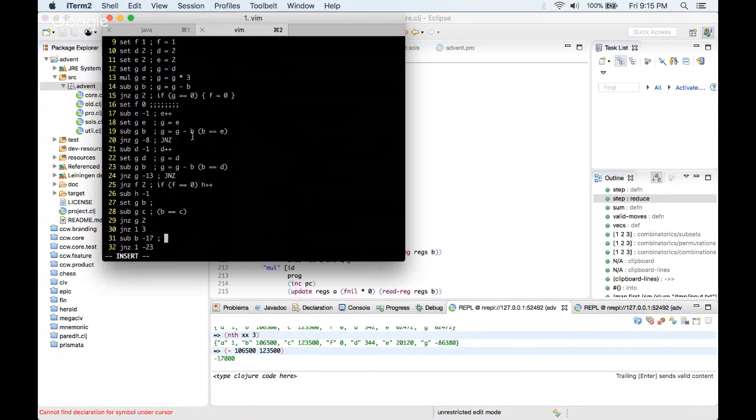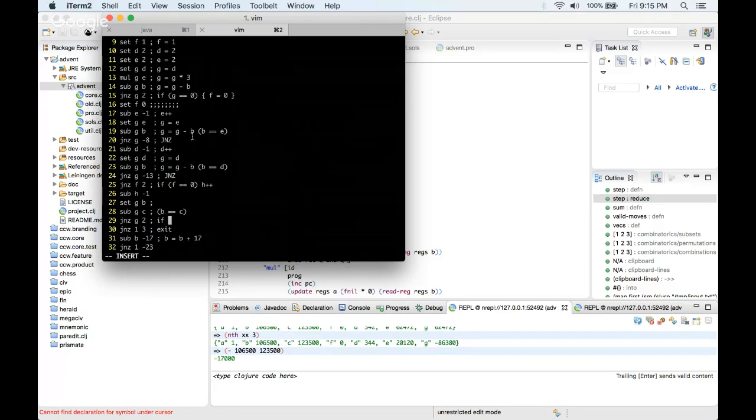Okay. Jumping on 0. 1, 3. Okay, so this is the exit. Okay.